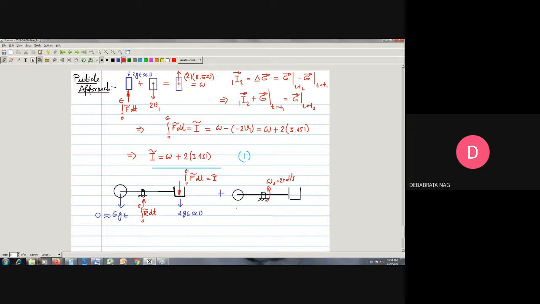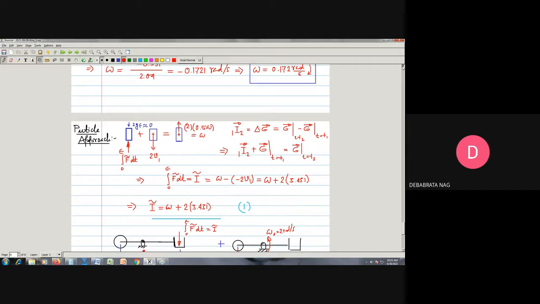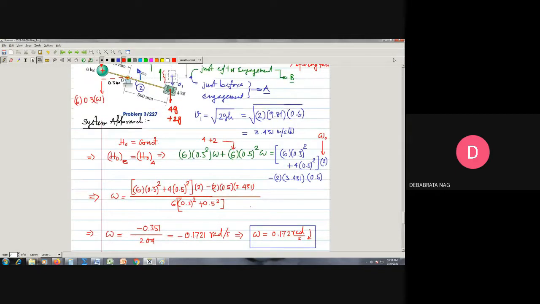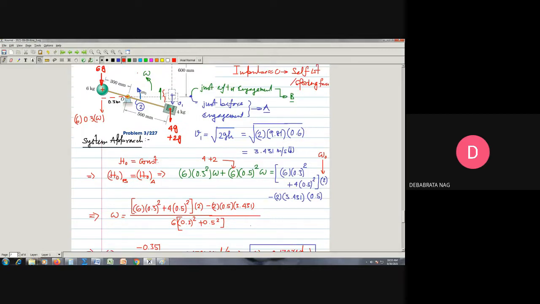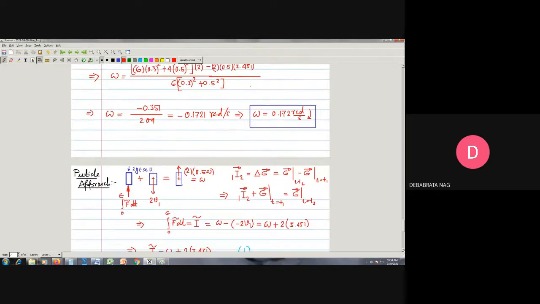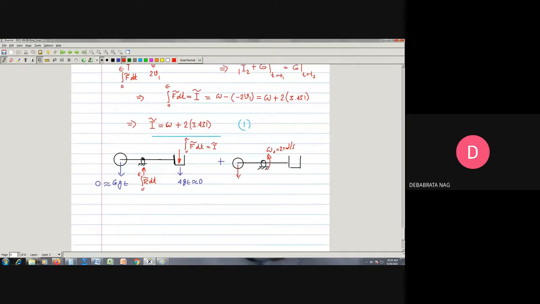So quite naturally, here the momentum will be what? Here we can write, this was, I think, 0.3 meter. This distance was 0.3 meter, I think. Okay, this is 0.3 and this is 0.5. So these distances are 0.3 and 0.5. So it is 0.3 meter from here.